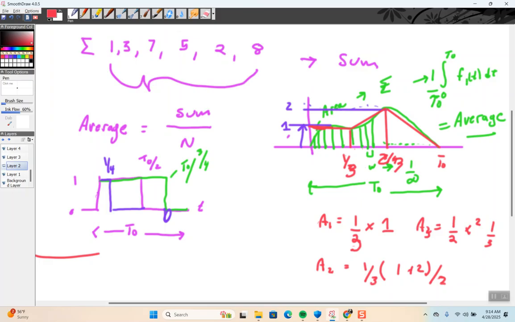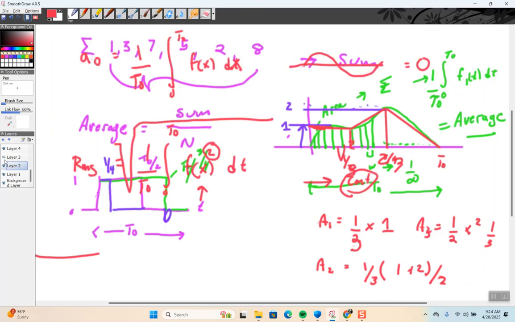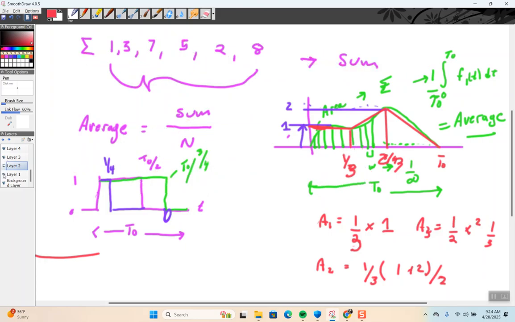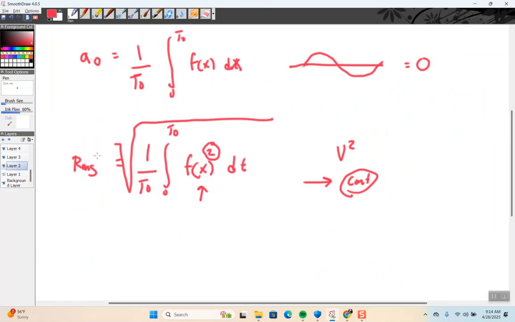Okay? And so I'll start deleting things. So where are we headed in all this? We're going to have A0, which is a DC value, a constant, plus we're going to sum up An cosine 2 pi f t, n equals 1 to infinity.